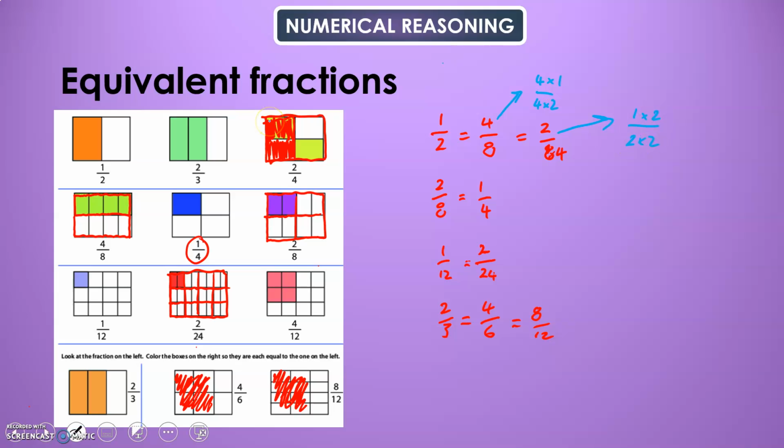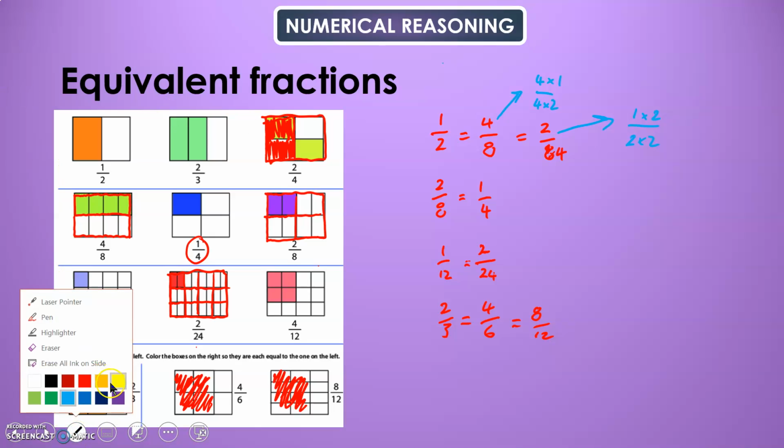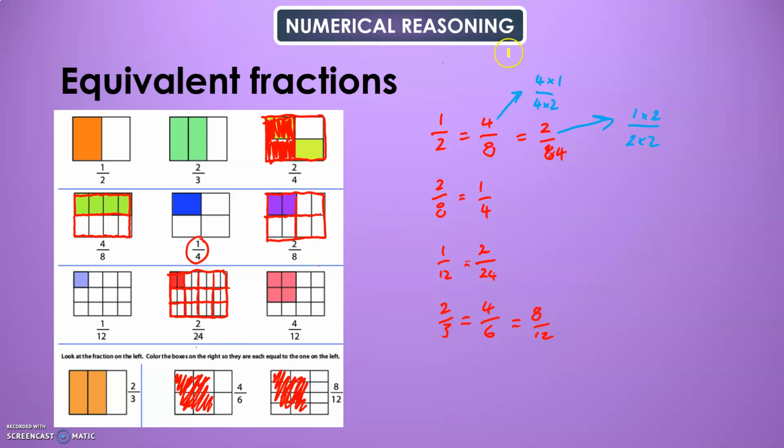So you can see you could make these numbers by multiplying the top and the bottom by the same number. So 4/4 and 2/2. And that works for all of them.